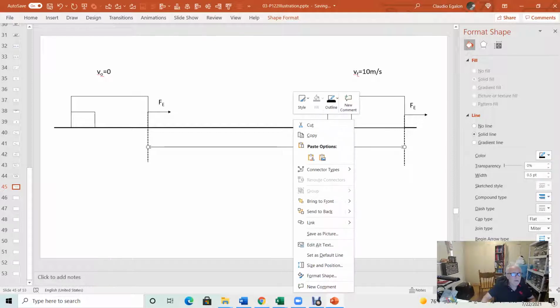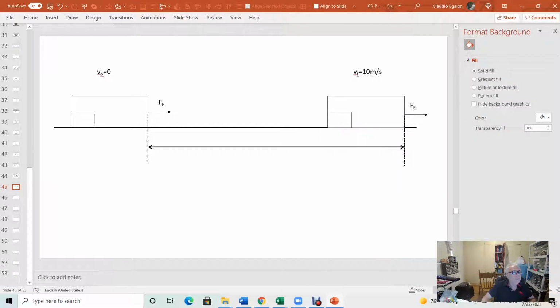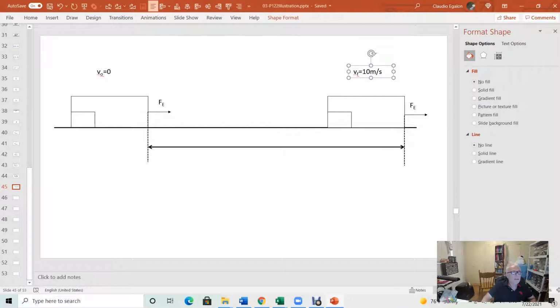Let's see if I can get it thicker. The distance is 500 meters. Meters right in here.